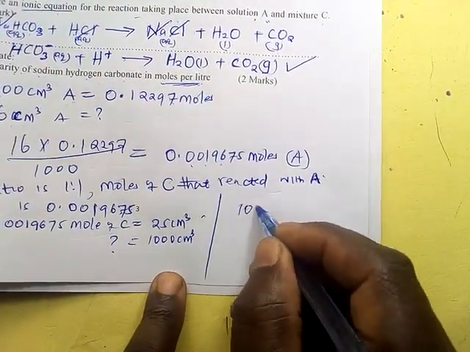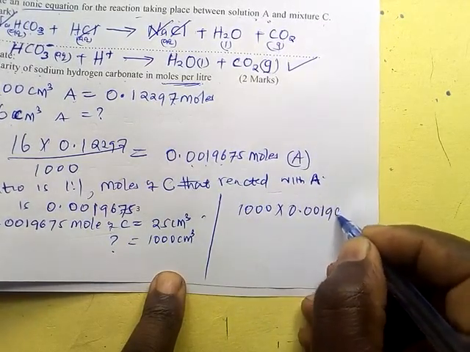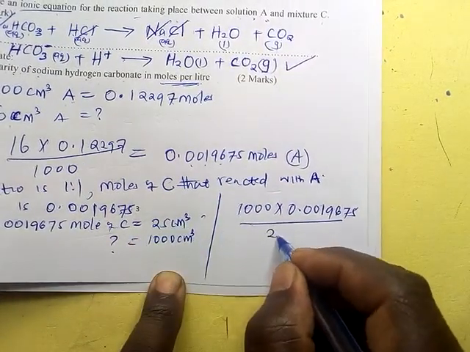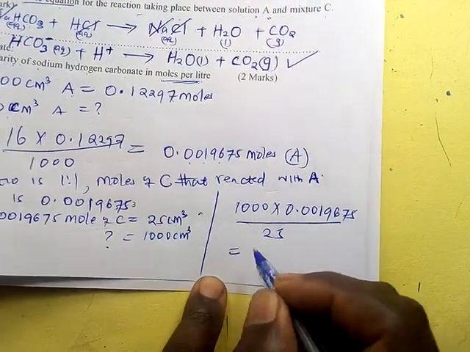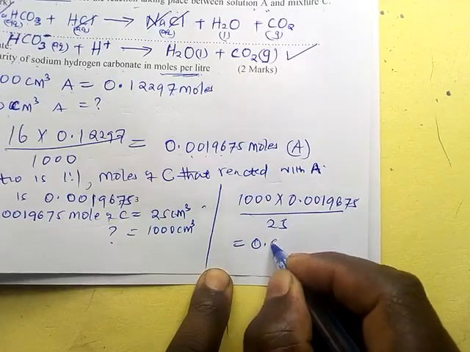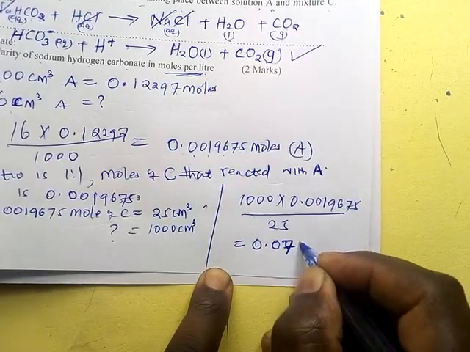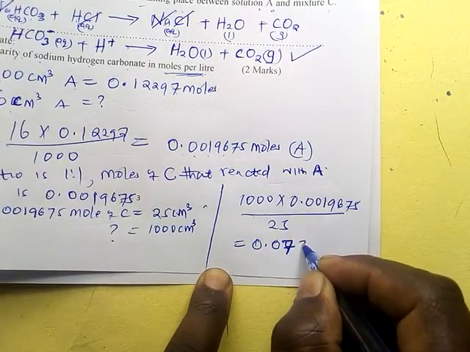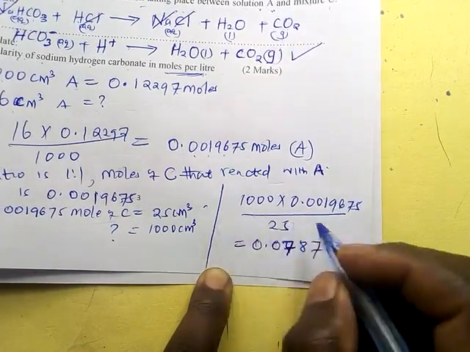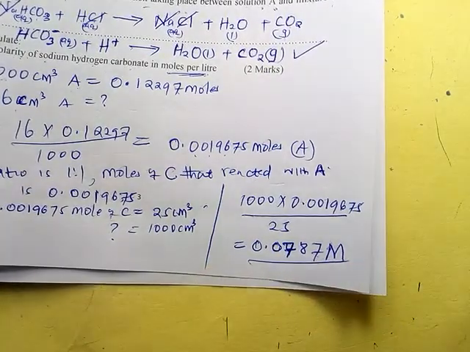It is 1000 times 0.0019675, divided by 25, and this will give us 0.0787 molarity. We can use capital M because it is moles per liter.